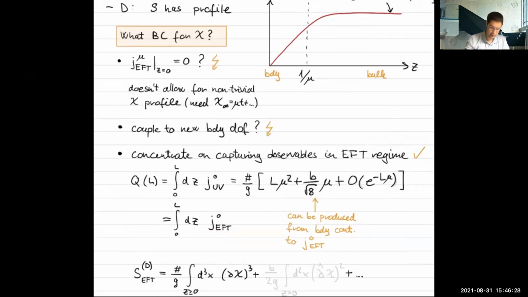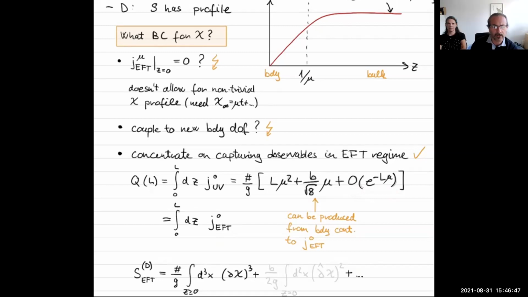Okay, so that we will achieve through a boundary contribution to the EFT current, and I think it's an interesting challenge to also try to reproduce these exponentially small corrections. I don't know if they can be captured in the EFT language or not.